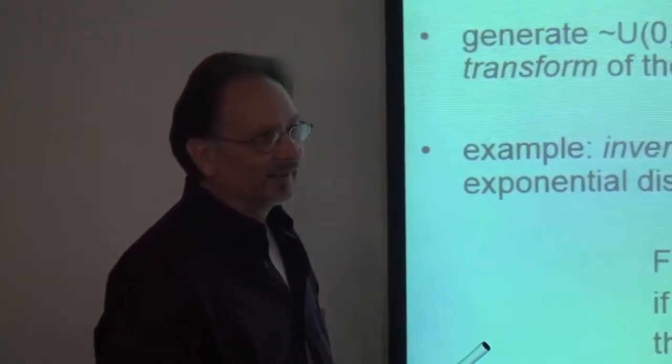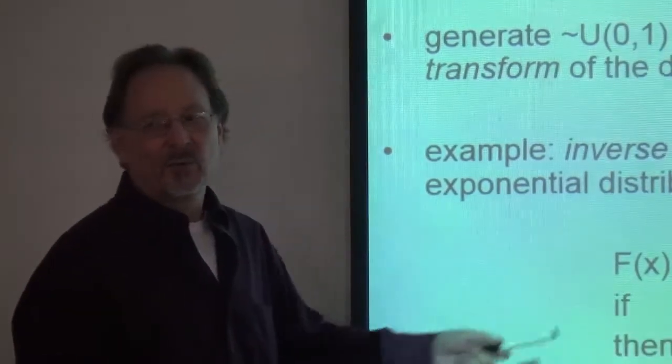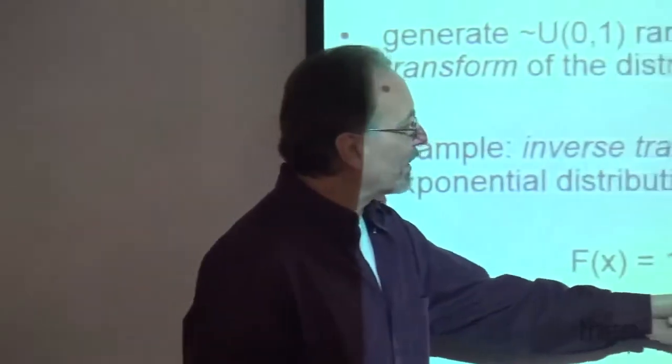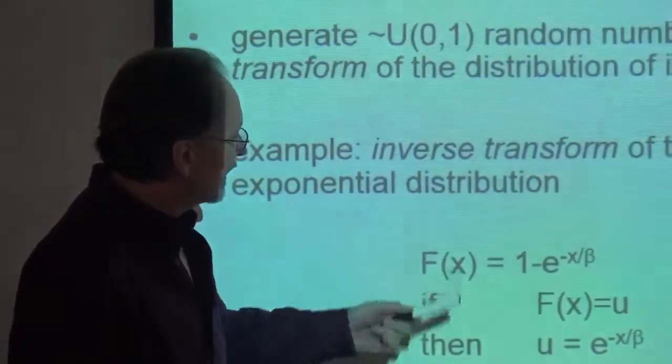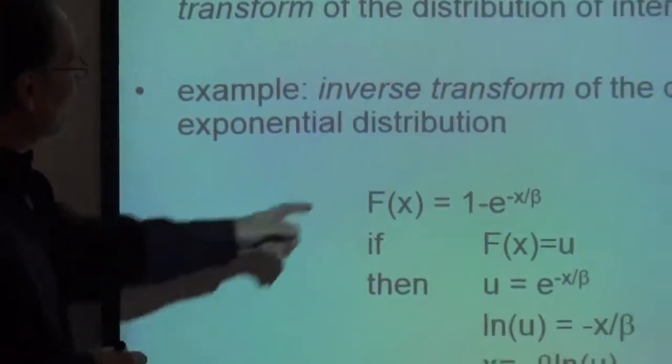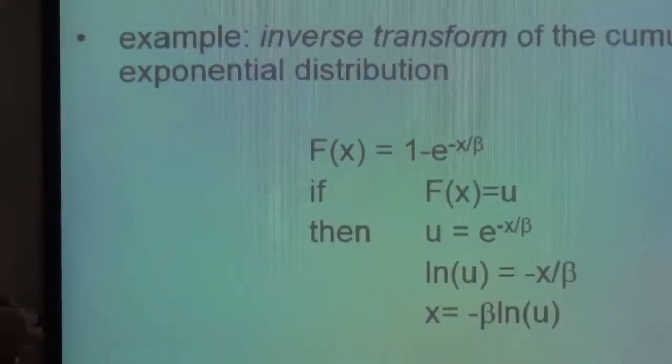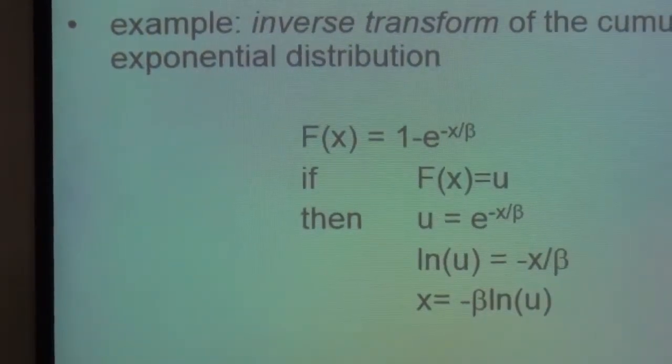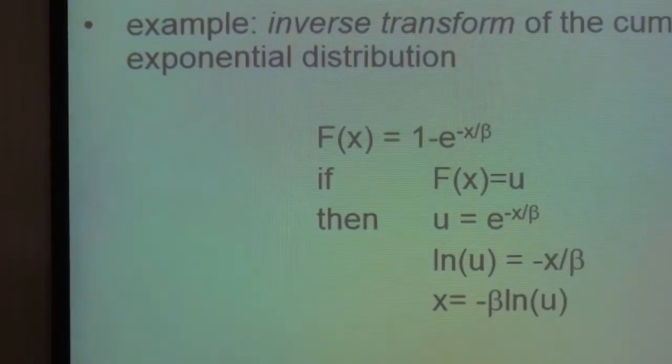I get a probability, right? That's what the F of x is for any distribution function. Well, the probability is between 0 and 1. That's why we're generating random numbers between 0 and 1, because that's our probability. That's our random probability. So we take our u, our random number, and set it equal to F of x. Now you can say that u equals 1 minus e to the minus x over beta, beta being the MTBF, and x being time.